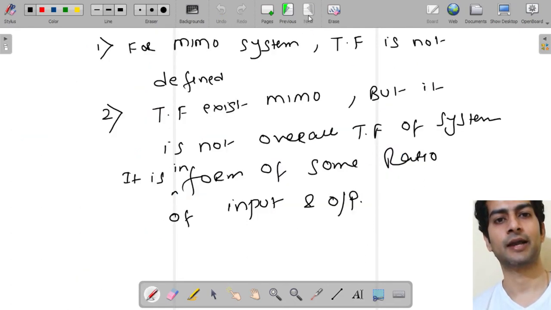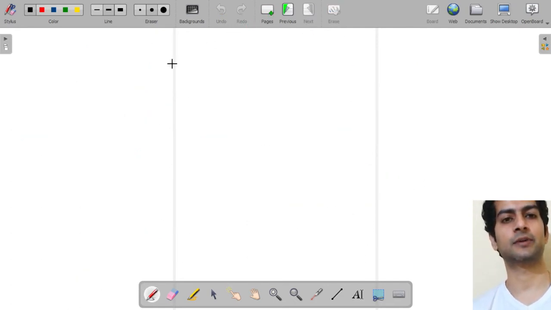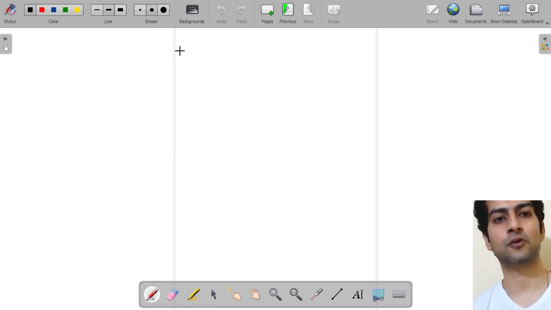So here I can give you another important statement: it is not necessary that if you have zero state response, then you will always get the transfer function. It is necessary for the system to be SISO. Then only you can think of getting a transfer function.